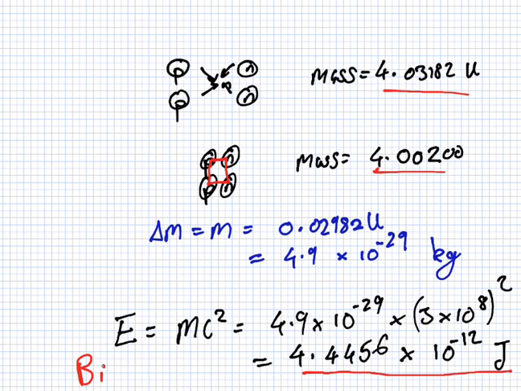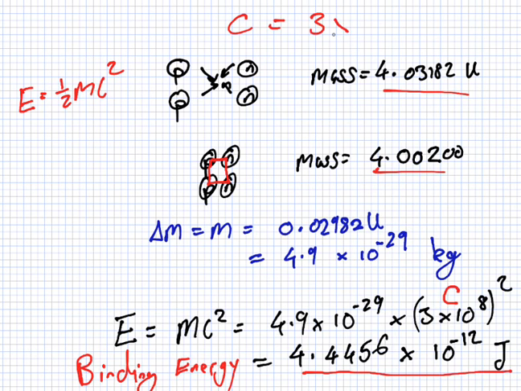Let me write that down here. The question: the 3 times 10 to the power 8, where is that? That is the c in this formula. c is equal to 3 times 10 to the 8 meters per second.